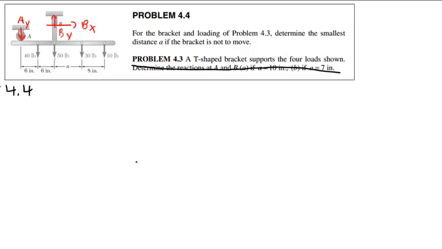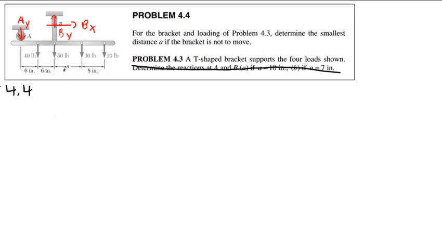I'm going to take a sum of moments. We don't know A. We're going to try to find the smallest A such that this does not move. B is a pin, yes. I want to find the smallest distance A for this bracket not to move. However, let's do a thought experiment.